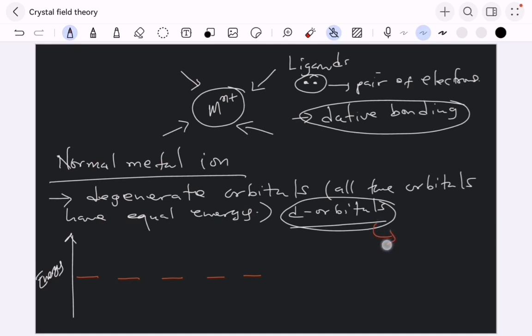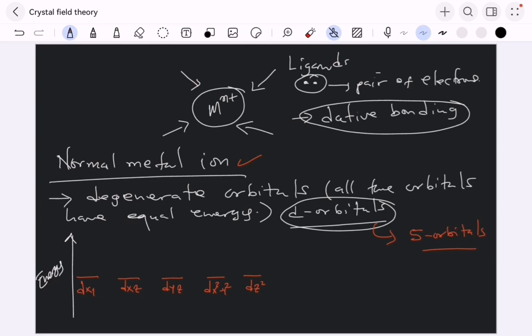Remember, d orbitals, we have 5 of these d orbitals. To name them, we have the dxy, the dxz, the dyz, dx squared y squared, then the dz squared. So all of these, when we're looking at a normal atom, they tend to share an equal amount of energy, and that is referred to as degenerate orbitals.